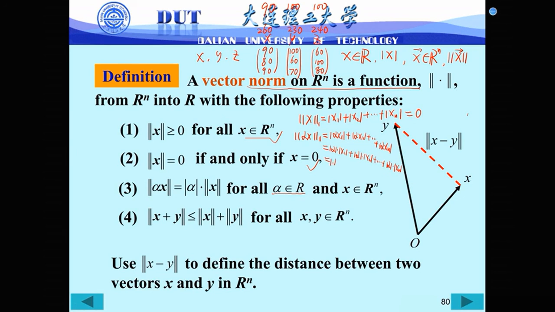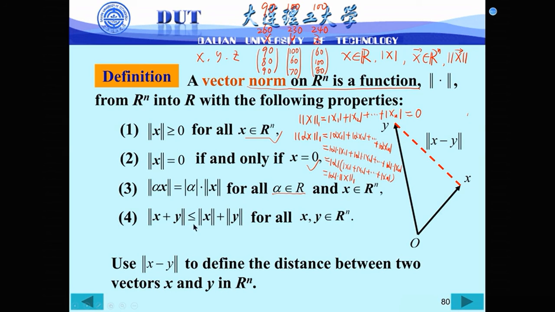By the common term, we have the absolute value of alpha multiplied by the summation of the absolute value of x1 plus the absolute value of x2 plus dots plus the absolute value of xn. That means just the absolute value of alpha multiplied by the L1 norm of x. It's okay for you? So we prove this function satisfies the third property, right?